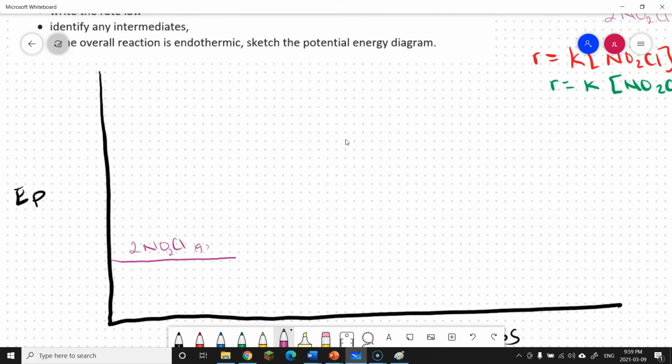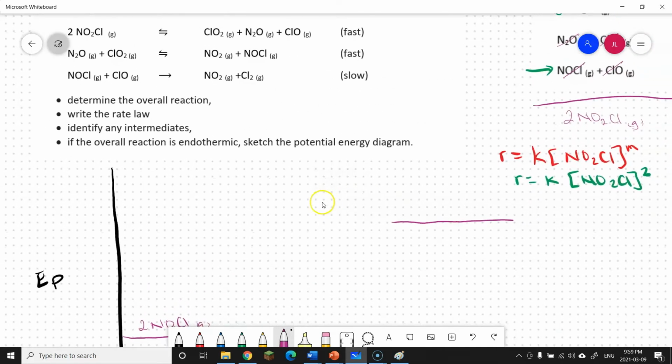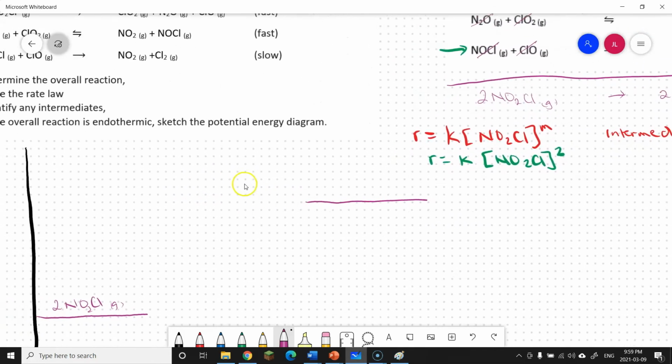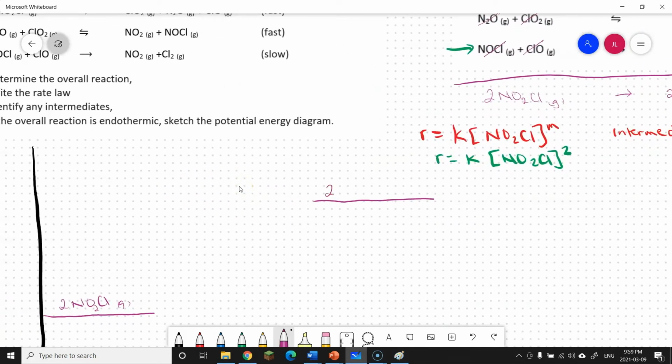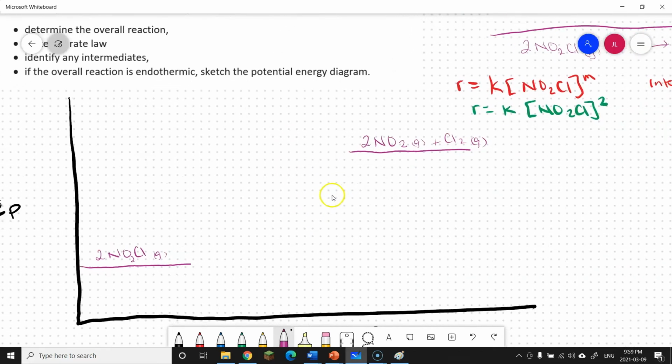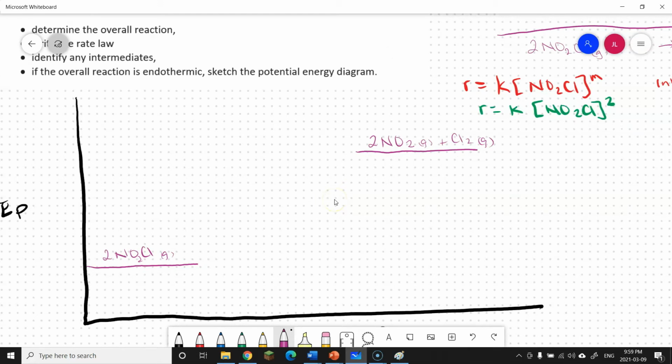Okay, and we know that since it's endothermic, my products for my overall reaction will be up here. And we know that we have to join them.